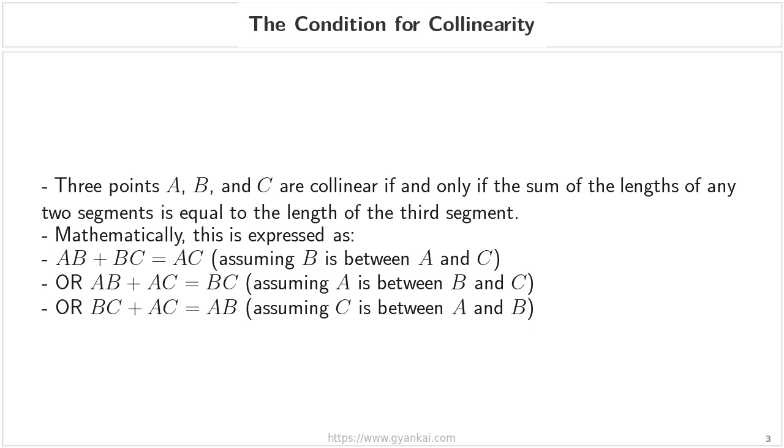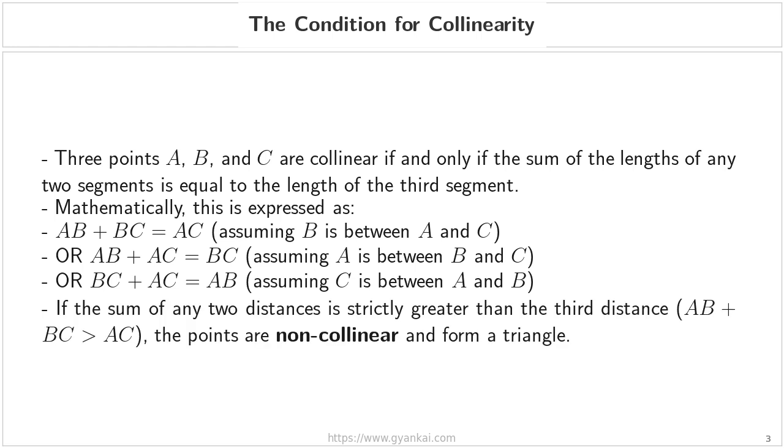First, if point B is positioned between A and C, then the distance from A to B plus the distance from B to C must equal the distance from A to C. Second, if point A is the middle point, then the distance from A to B plus the distance from A to C must equal the distance from B to C. Or third, if point C is the middle point, then the distance from B to C plus the distance from A to C must equal the distance from A to B.